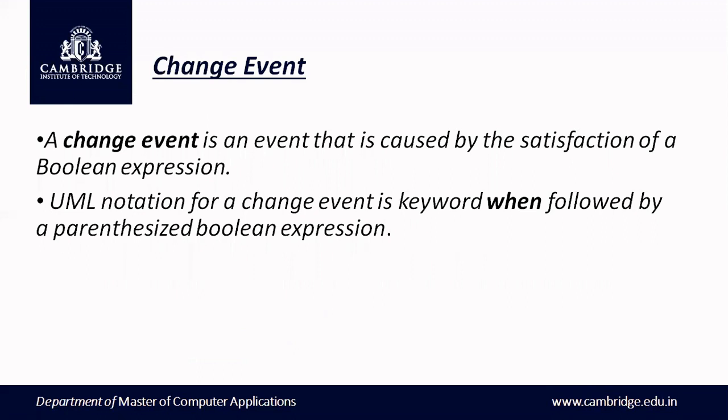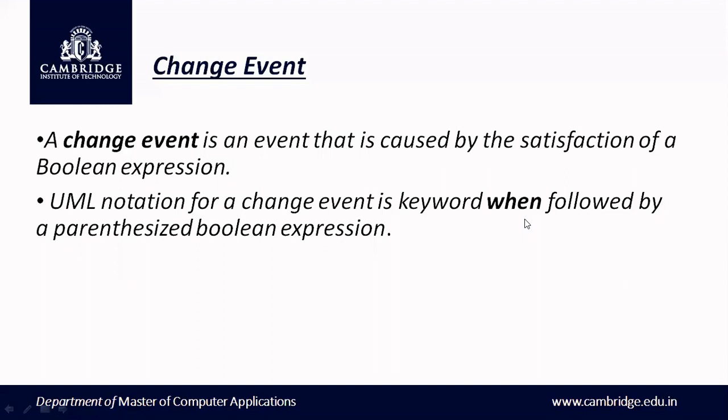The third type we have is the change event. A change event is an event that is caused by the satisfaction of a Boolean expression. Normally the output of a Boolean expression will be either true or false. Here again, just like the time event, we are using the keyword when.